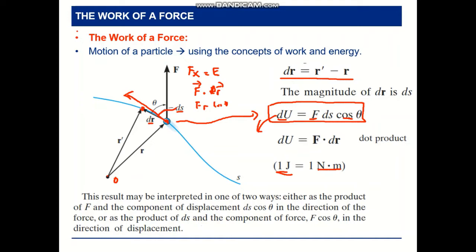Or as the product of ds and the component of force, F cosine theta, in the direction of displacement. Either you bring dr onto F, or F onto dr, in the same direction, in order to multiply. F dot dr, as I said, is the x direction multiplied by the x direction.